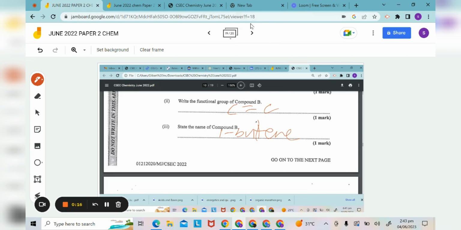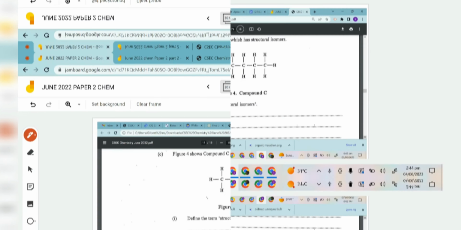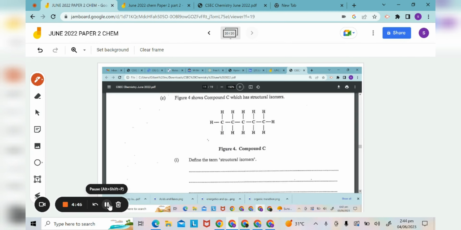Okay, so we are going to go ahead. It says here, figure 4 shows compound C, which has structural isomers. So the structure is going to change. Define the term structural isomers. So iso means the same.